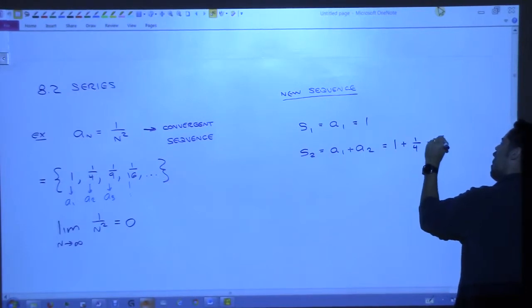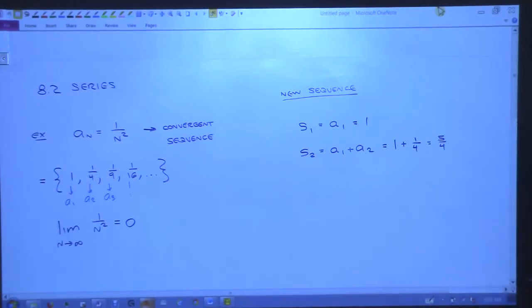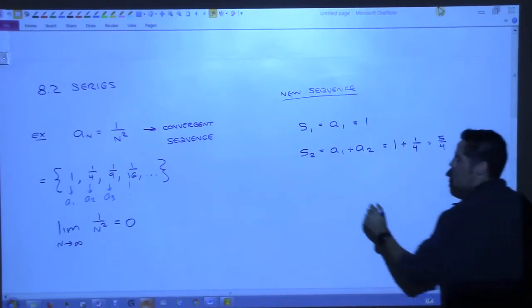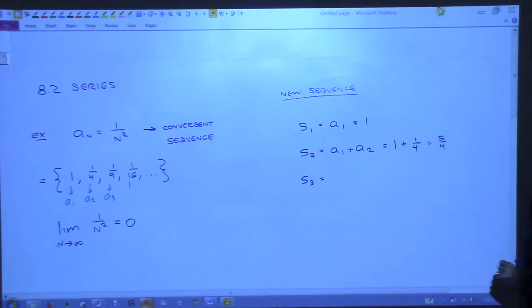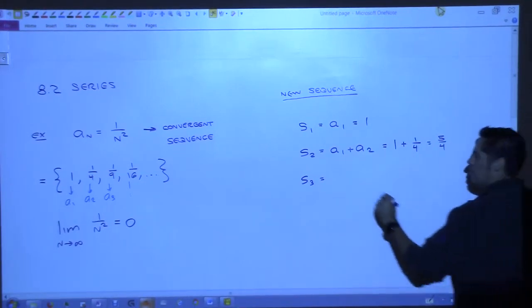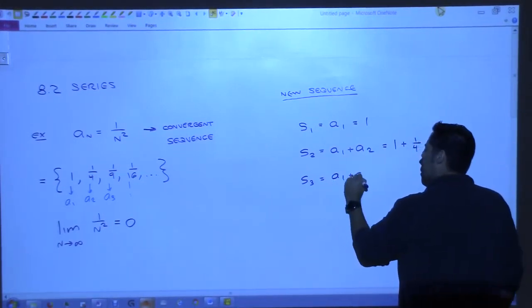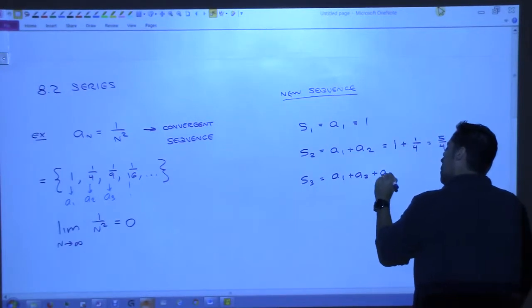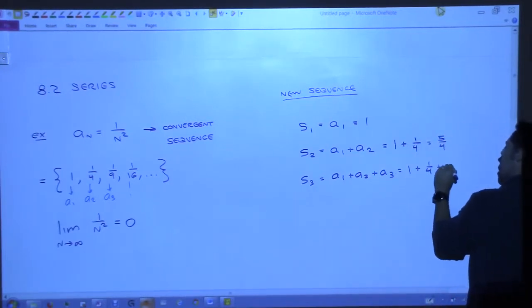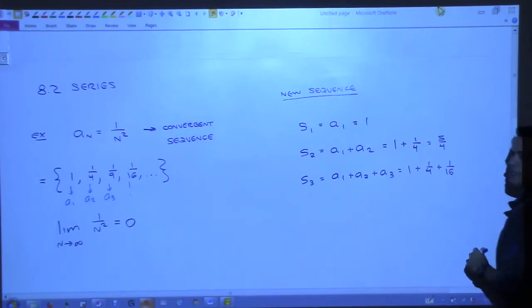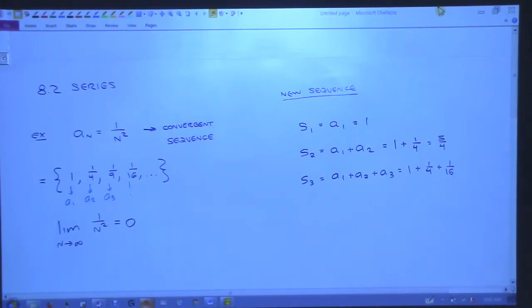If I add those together, I get 5/4, right? Okay. And then what do you think S sub 3 is going to be? A sub 1 plus a sub 2 plus a sub 3, which would be 1 plus a 4th plus a 16th?